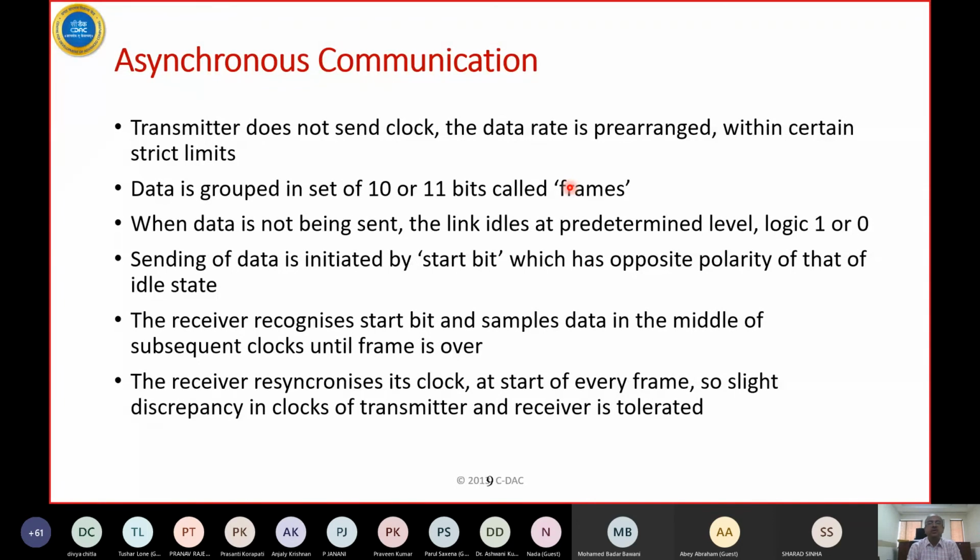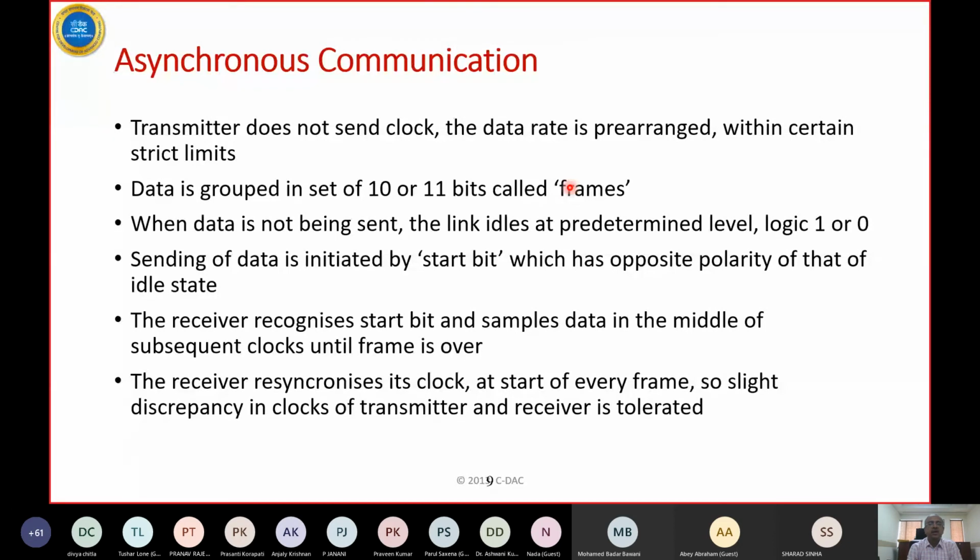This has to be very accurate because the clock is not going from the transmitter to the receiver. Hence, the receiver will have its own clock, the transmitter will have its own clock, but the period is within certain strict limits. So now when you are sending bits like this, you will also need what is called a start bit.